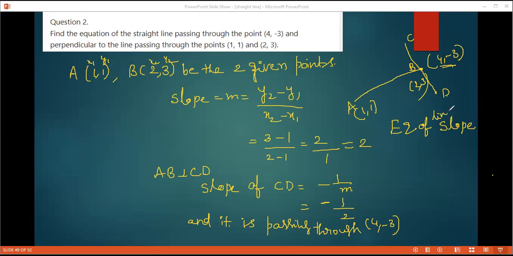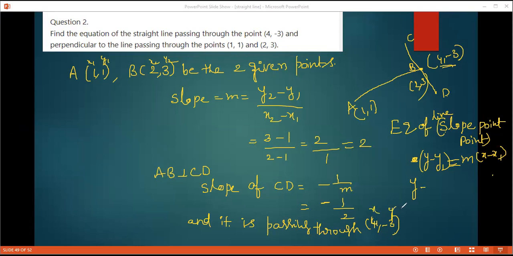Equation of a line, slope point form, that is y minus y1 is equal to m times x minus x1, right? So y minus y1, here this is x and y, no?